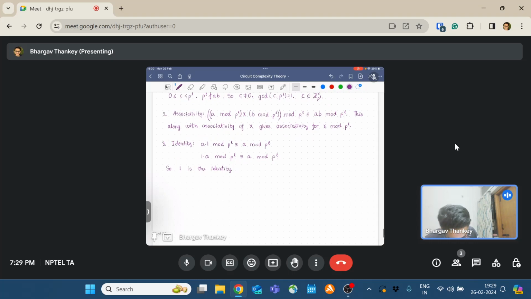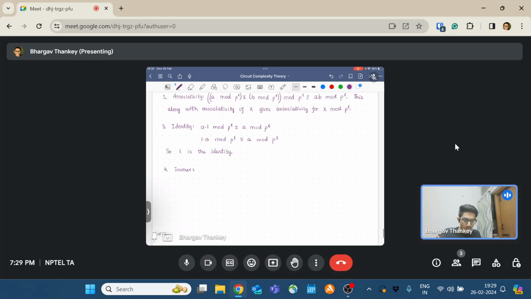And what's the fourth property? The multiplicative inverse. And this is slightly trickier. Okay, so what do we want to show?